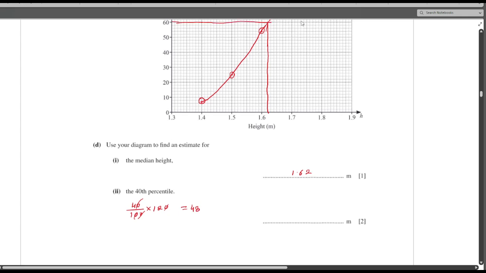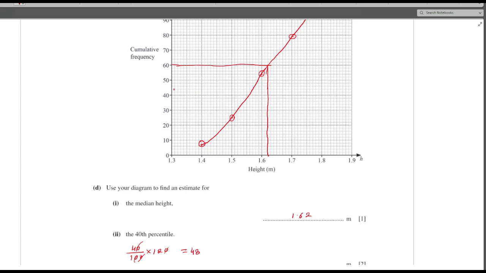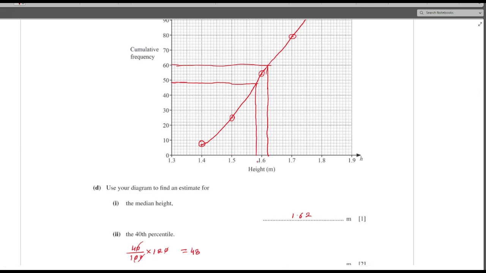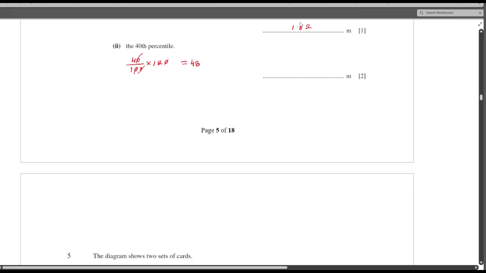So now I will see that at 48, from here I will draw a straight line, and then from here a vertical line, and this is 1.58. So 1.58 is your 40th percentile. I hope you understand.